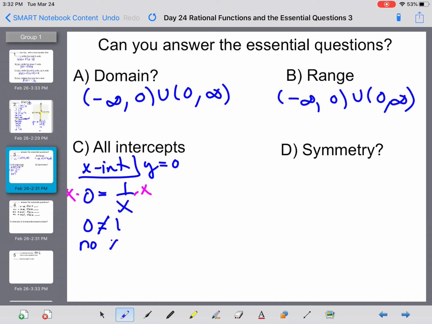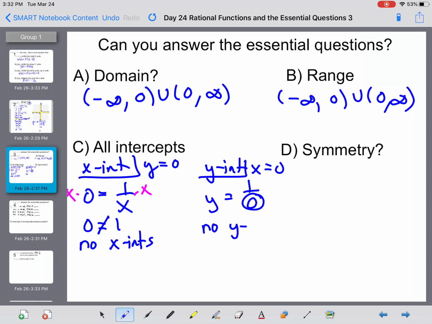So that means there are no x-intercepts. So let's look for y-intercepts. That's when the x value is going to be equal to 0. So I get y equals 1 over 0. Well, we know that can't happen because we can't divide by 0, so that tells me there's also no y-intercept.